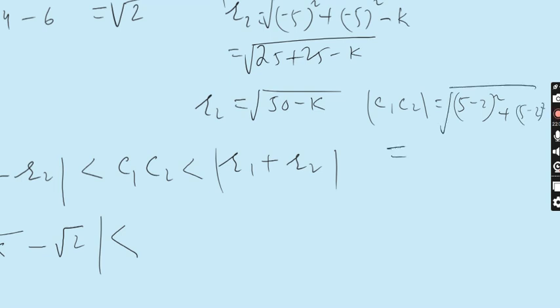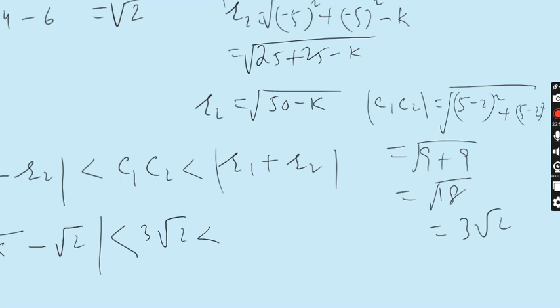So 3 square is 9, 3 square is 9, 9 plus 9 is 18, and root 18 is 3 root 2. So C1C2 is 3 root 2. The larger radius is root of 50 minus k and the other is root 2.